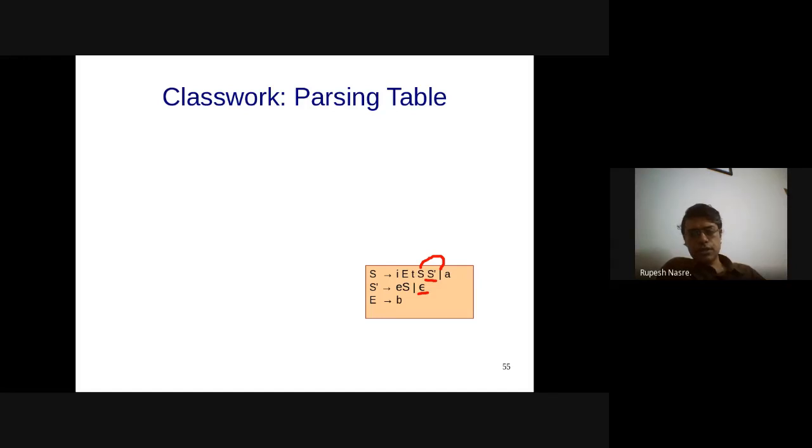Yeah, Naman has written that follow of S prime will have follow of S. That is correct. Follow of S we have computed as E and dollar, so both should be present. Yeah, that alone is sufficient to get E and dollar both.